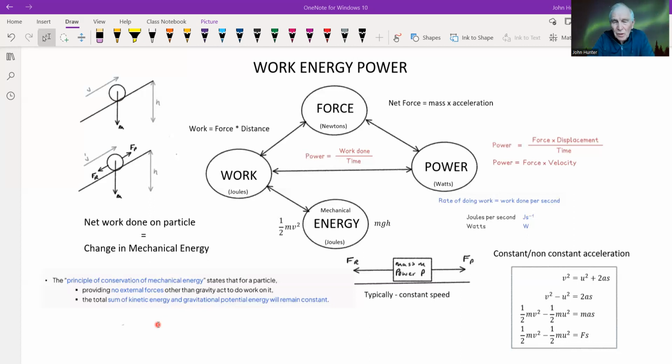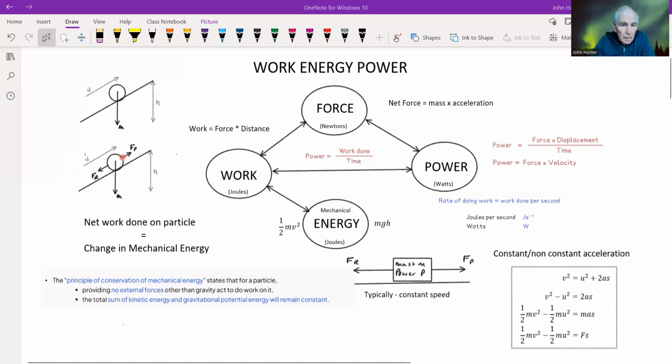So by doing work on a particle, we can either increase or decrease the amount of mechanical energy, and that is a theme for pretty well all the problems that you're going to face in this section. Just looking at this revised model here, we've got some force pulling this thing up, and a force dragging it back, and possibly resistance, possibly friction.